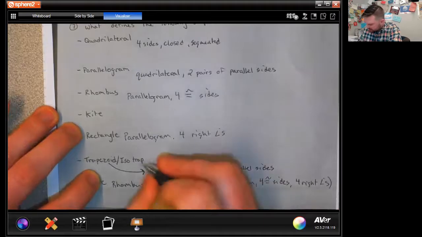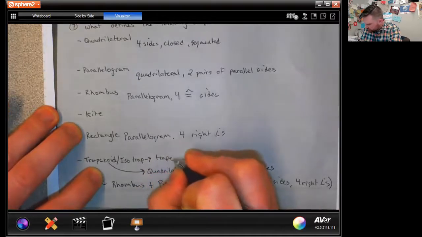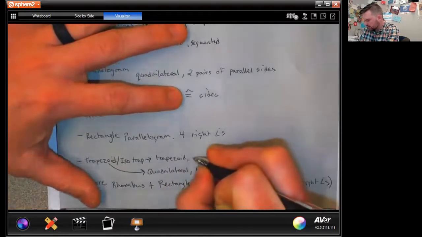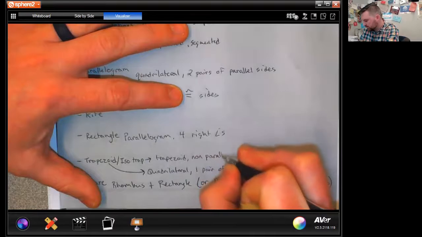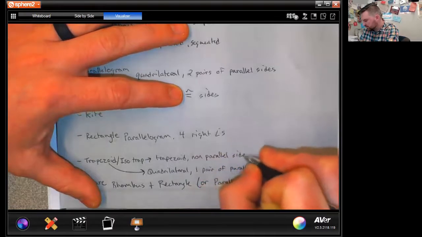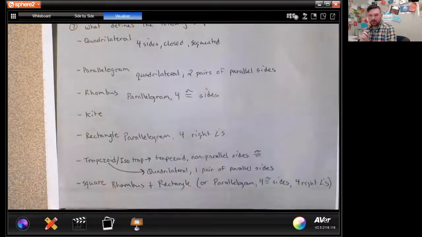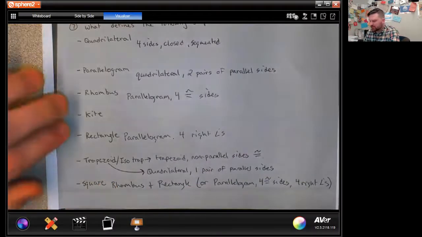Now, an isosceles trapezoid is a trapezoid and it has non-parallel sides congruent. So your non-parallel sides are congruent. Now, the last one is a kite.